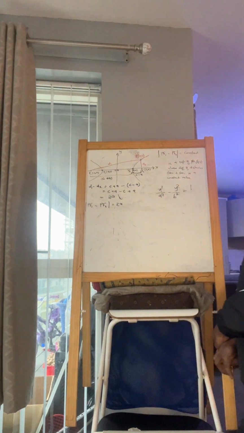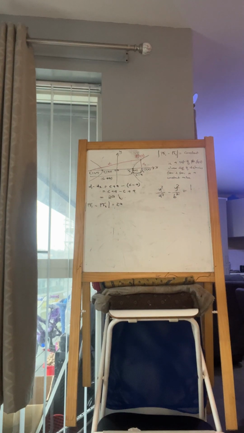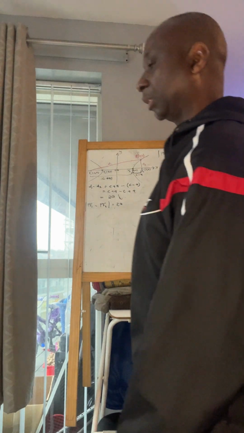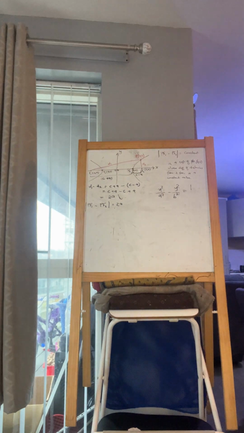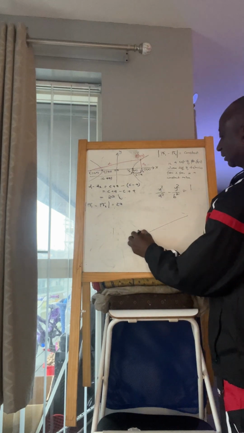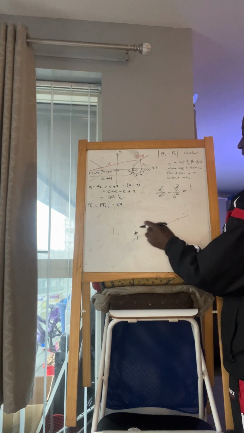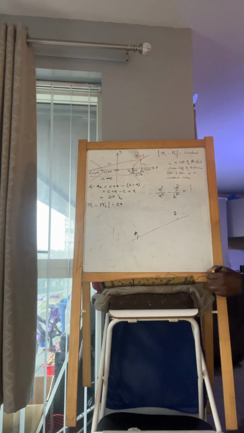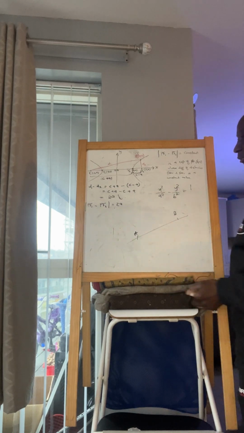So, from your coordinate geometry, you know how to find the distance of a line. If you are given a line like this, A, B, and you want to find the distance of this line, AB.